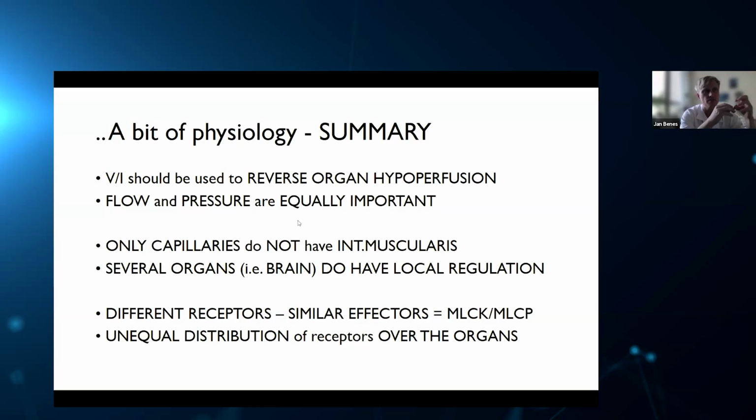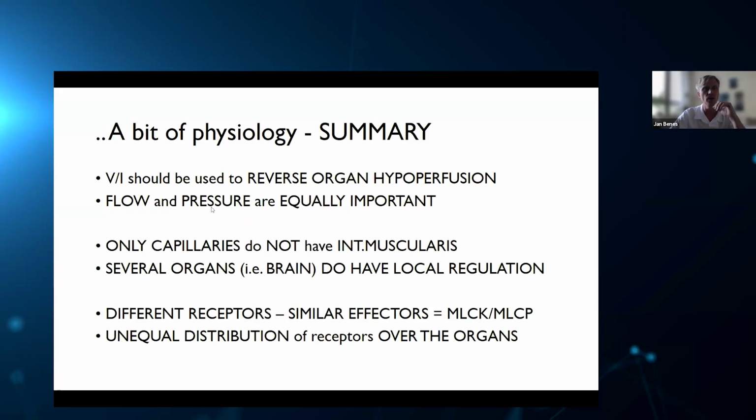Several organs, most importantly brain, heart, and kidney, do have local regulation. You have different receptors, but a similar effector pathway. What's been demonstrated for angiotensin, vasopressin, and the alpha catecholamine receptor is the same effector pathway. And there is an unequal distribution of receptors over the organs.